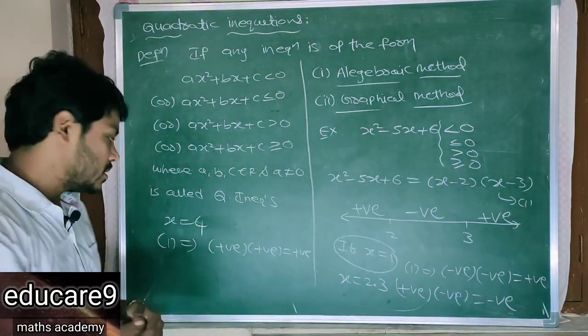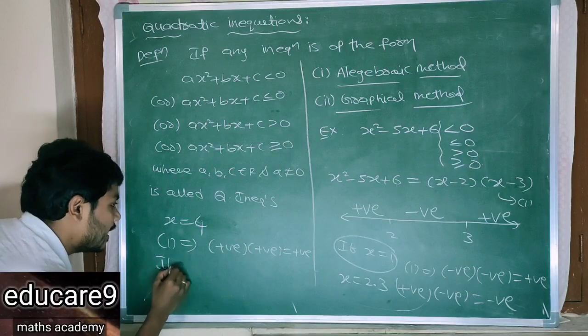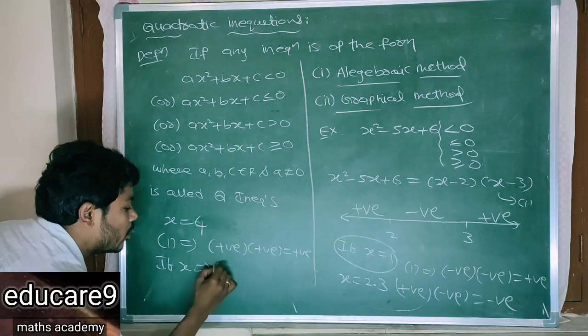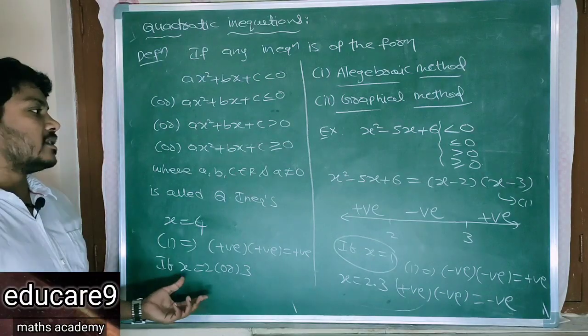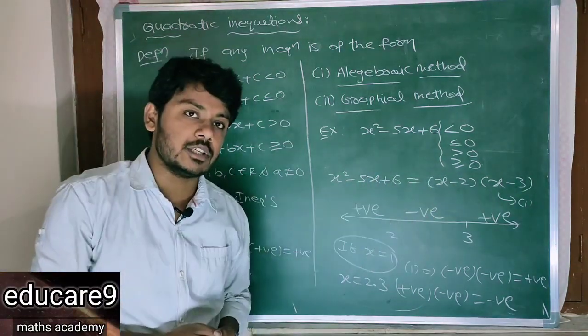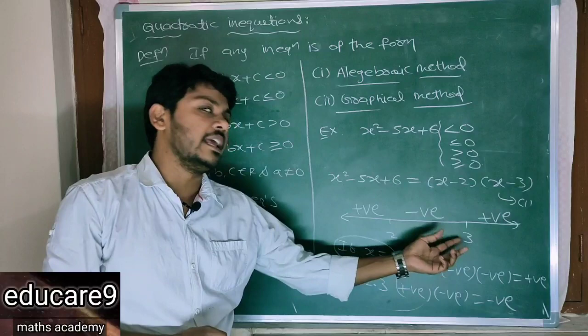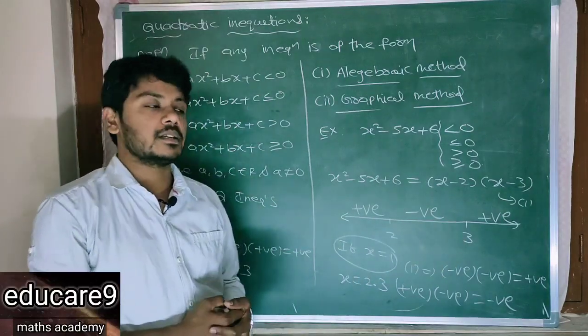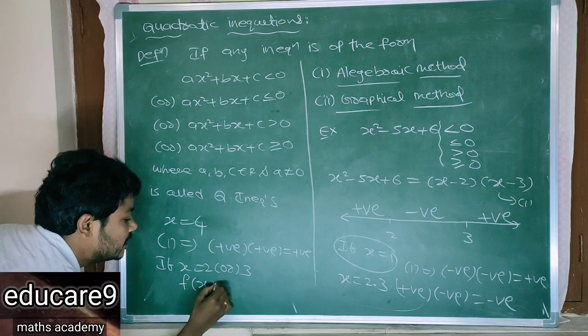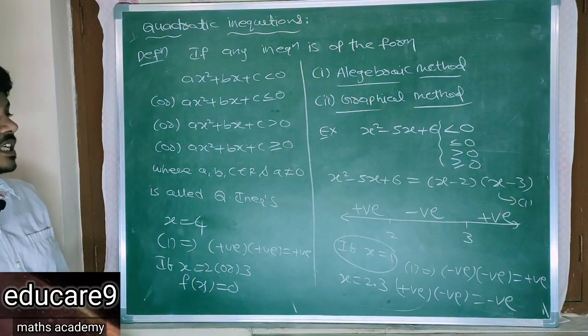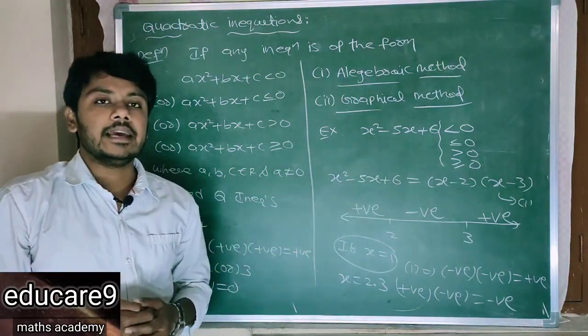And one more case: if x equals 2 or 3, the expression becomes 0, because these are the roots, so f of x is 0. So these are the signs of the expression.